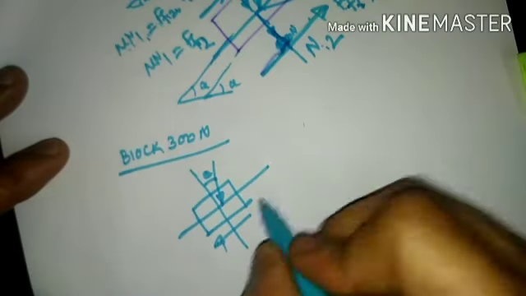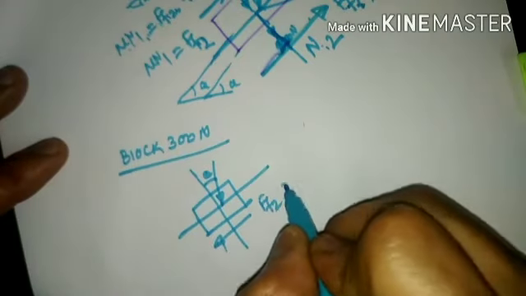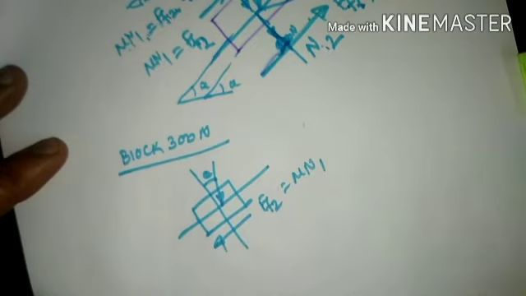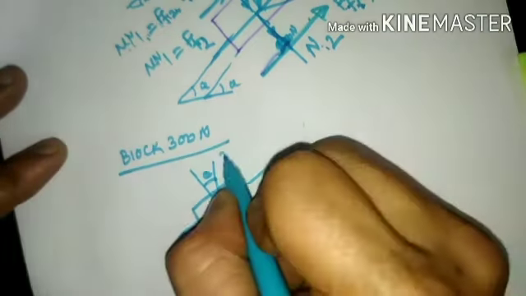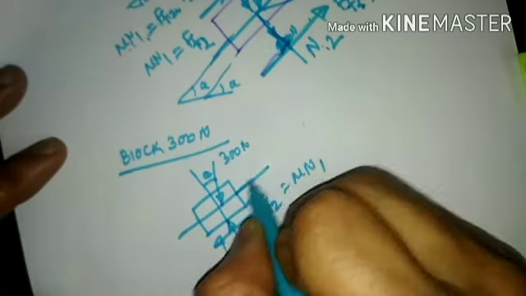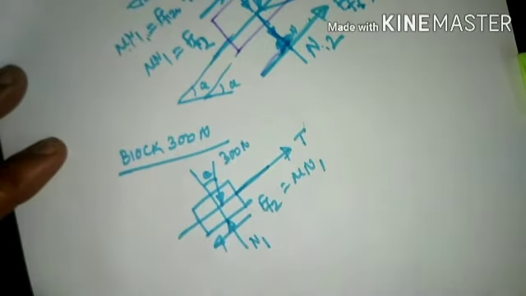Frictional force here is shown downward, and its name is F of F2, which is mu times N1, and N1 is upward here. To this particular block you also have a string T connected.